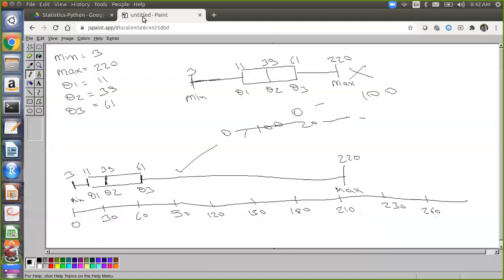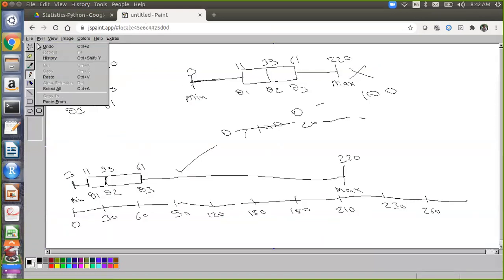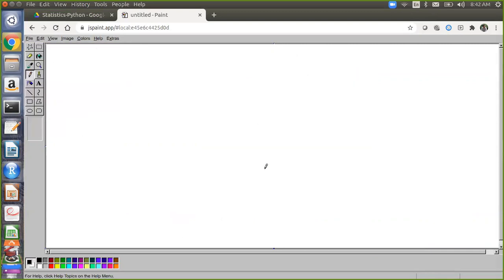Now I want to discuss a few things in the box plot part. Before I close this topic completely, I'll draw a box plot. Q1, Q2, Q3, maximum and minimum.